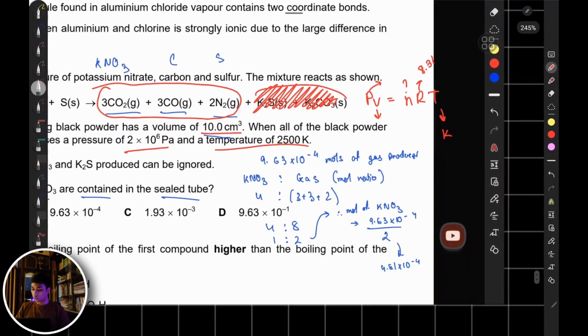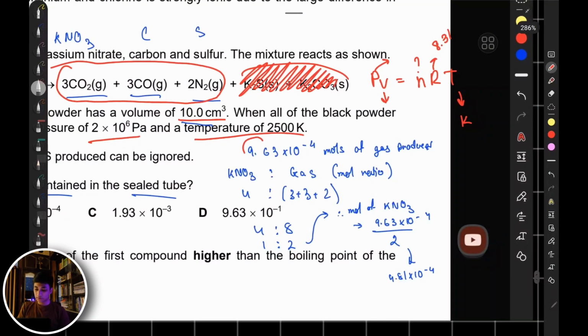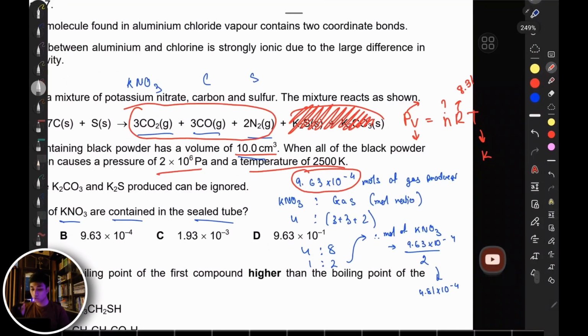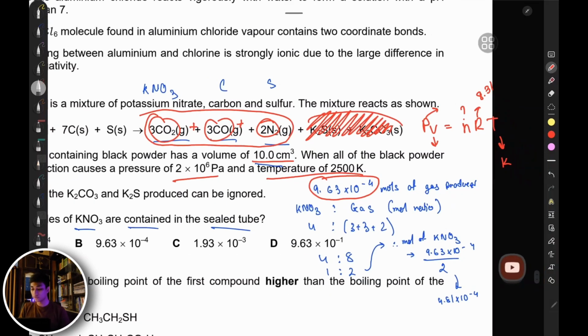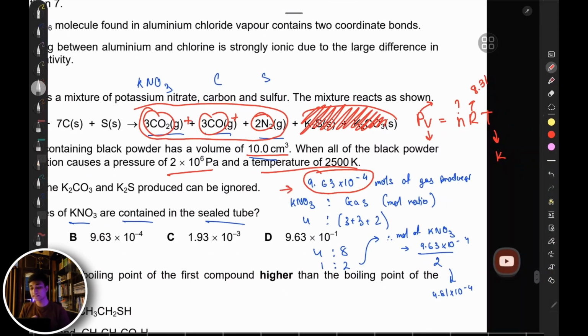And after you do that, you would know the moles of the gas produced, the total moles. So, 3 moles of CO2, 3 moles of carbon monoxide, 2 moles of nitrogen. The sum of these will give you 9.63 into 10 to the power of minus 4 moles. Since they're gases, you can do that.